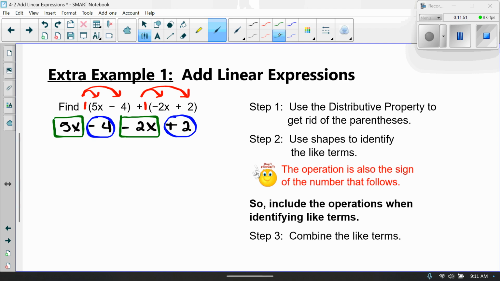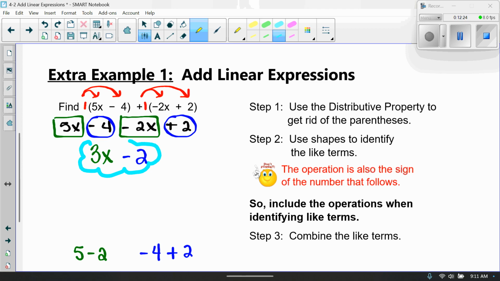So combining the green rectangles, we've got 5x minus 2x. So 5 minus 2, of course, is 3. So this is going to give us 3x. And then we've got negative 4 plus 2. The blue circles. So negative 4 plus 2, that's going to give us a negative 2. And again, there is our final answer: 3x minus 2.